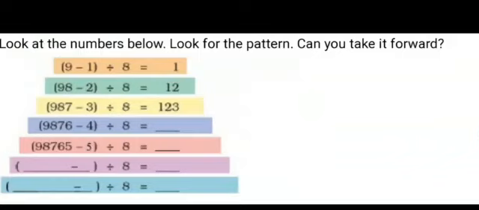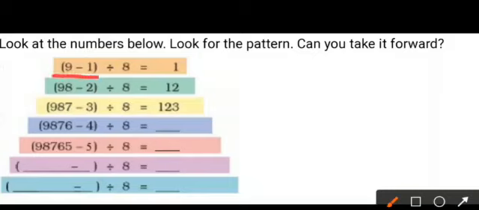Look at the numbers below. Look for the pattern. Can you take it forward? Let us check. Here 9 minus 1 divided by 8 is equal to 1. Second step, here 9 8, which means the number before 9 has been written.